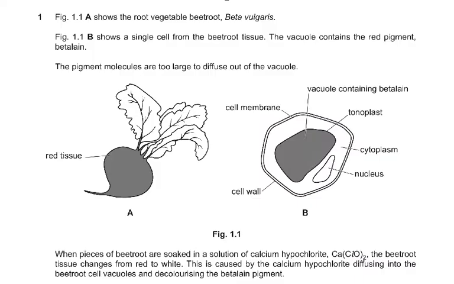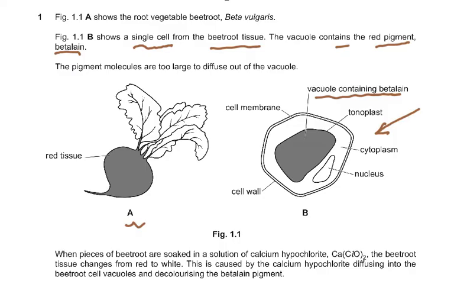As we start reading the first question, it's figure 1.1a. Figure 1.1a shows the root vegetable beetroot, Beta vulgaris. Figure 1.1b shows a single cell from the beetroot tissue. The vacuole contains the red pigment betalain.